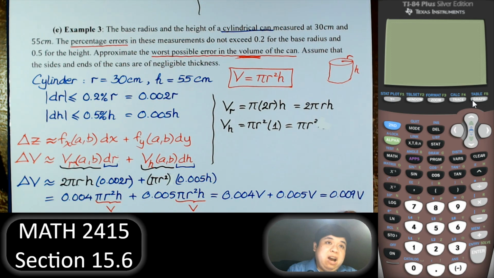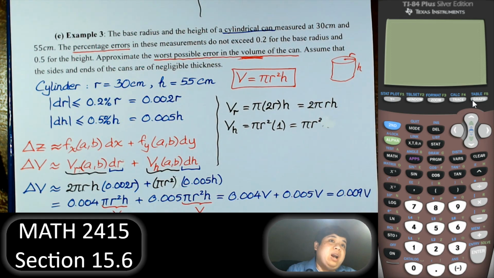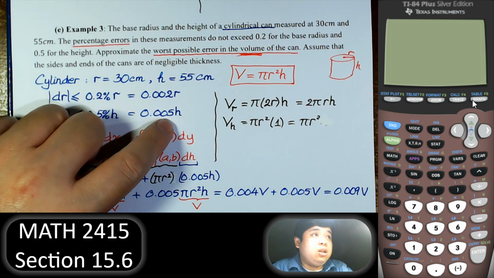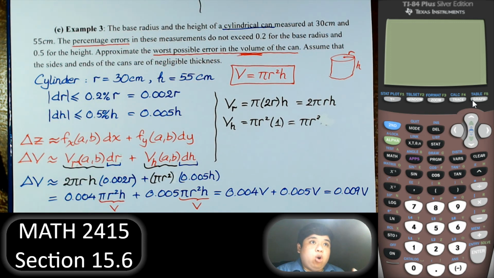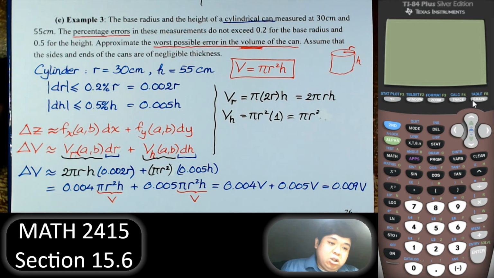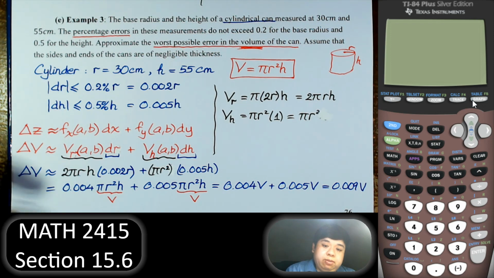So the error in the volume will not be more than 0.9%. Once again, we choose the highest values because we want the worst possible error. So the question is, approximate the worst possible error in the volume, and we said the worst possible error will be 0.9% of the volume.